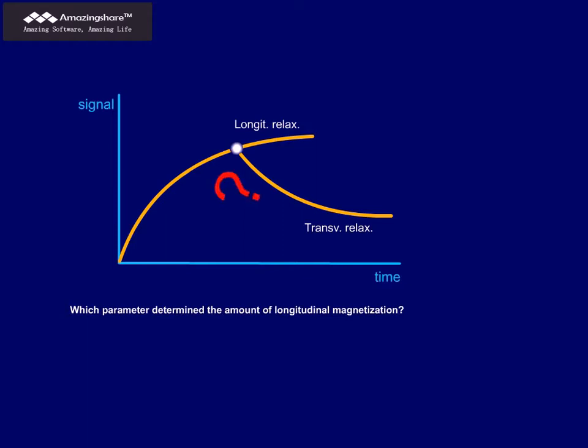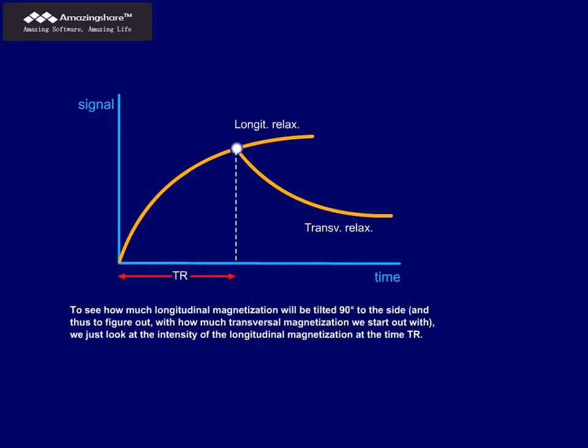Which parameter determined the amount of longitudinal magnetization? That was TR. To see how much longitudinal magnetization will be tilted 90 degrees to the side, and thus to figure out with how much transversal magnetization we start out with, we just look at the intensity of the longitudinal magnetization at the time TR.